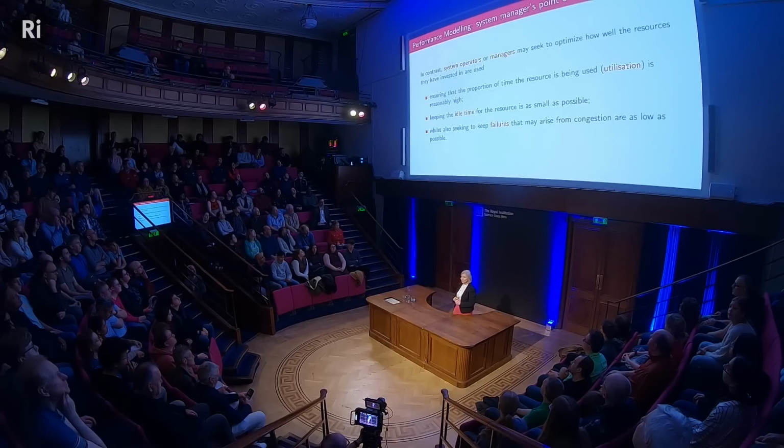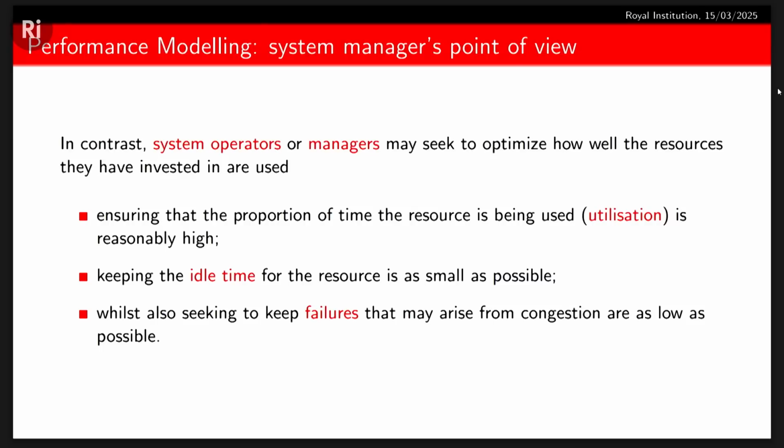From the system operator's point of view, if you think about you are running the post office, what is it that you want from your resources? So you want to make sure that they're being used a reasonable amount of time. You don't want to employ 1,000 people to work across, let's say, one town in post offices when you only need to employ 500. Because otherwise you're going to have a lot of people not working, being idle.